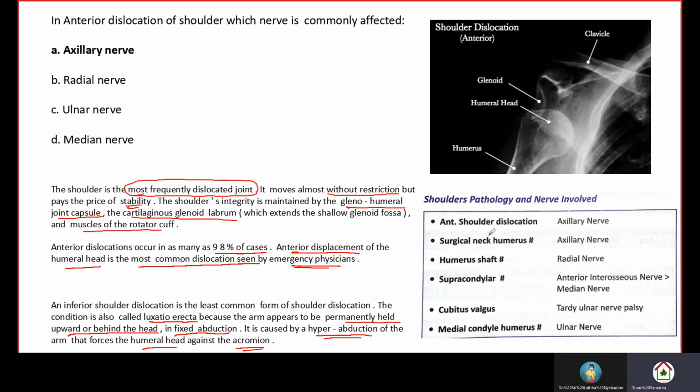Now these are some of the dislocations and fractures in which corresponding nerve injury occurs. For example, in anterior shoulder dislocation, usually the axillary nerve is affected. In surgical neck humerus fracture, again the axillary nerve.